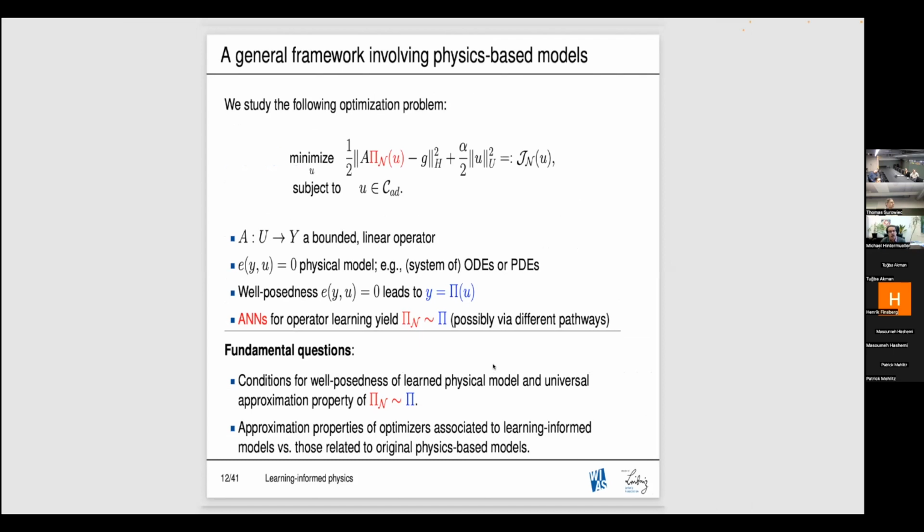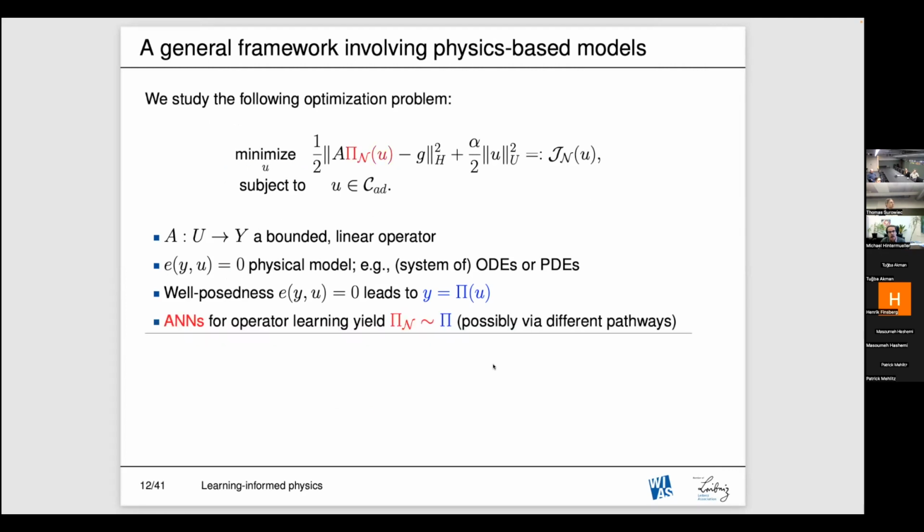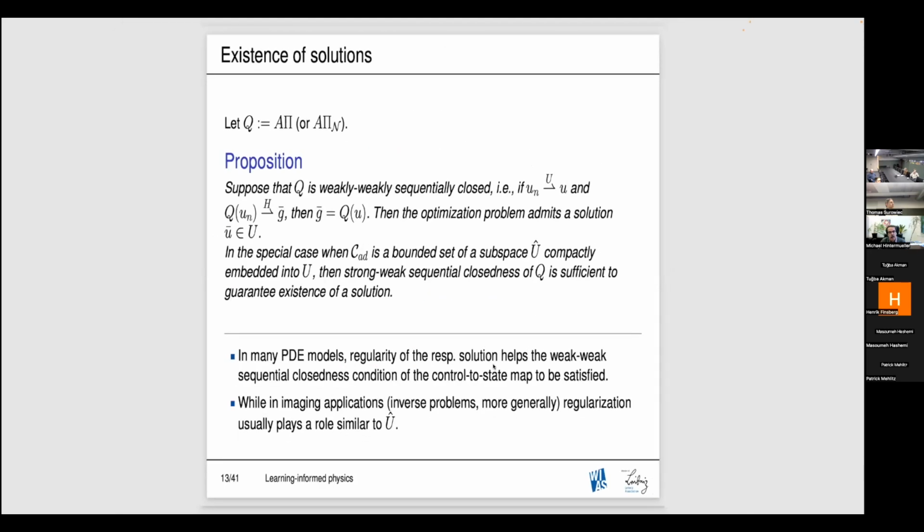Then this would be the situation where in this objective, the A of pi_n or the A of pi gives rise to this Q or Q_n, depending on how we would like to denote it, which allows us to reduce the problem to a problem in the control variable U only. As you can see, the Y disappeared by this implicit function theorem aspect. And this is what this Q in essence does for us on this next slide. So it helps us to reduce this problem.